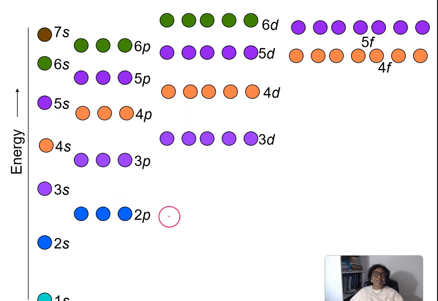So this is a likely way of seeing how the orbitals are arranged in a multi-electron atom. If it were hydrogen, they would be degenerate. The 2s and 2p would be on the same line, and the 3s, 3p, and 3d would be on the same line because they do not carry electrons. But when they have electrons, it's slightly different.